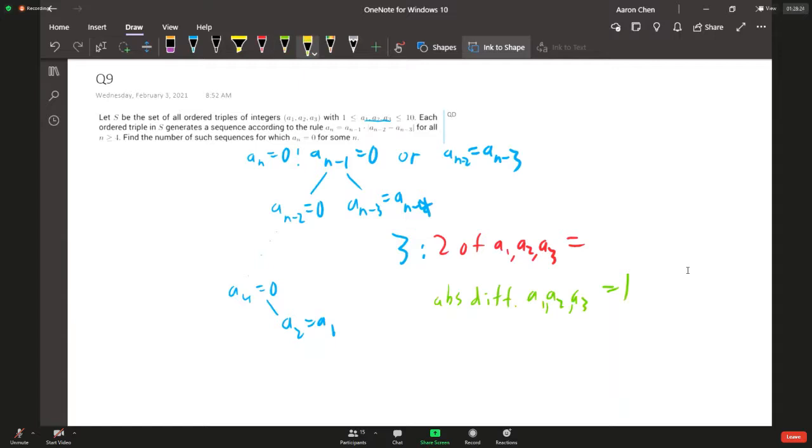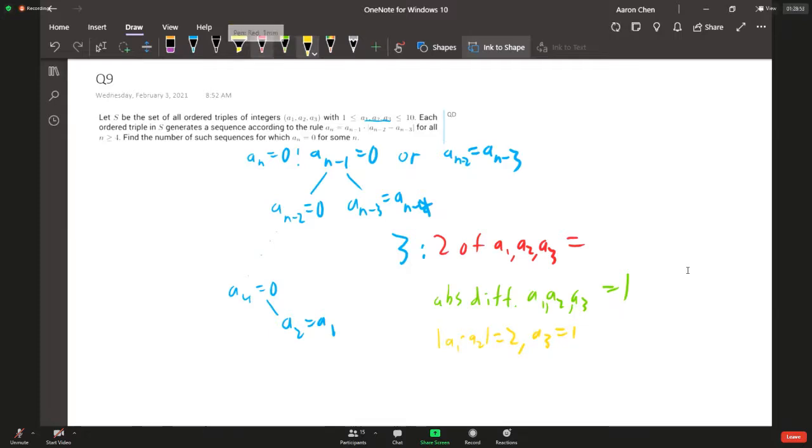And there's a final case, and in this case, it eventually generates a pair of A's with difference 1. And the only way this happens is when the absolute difference of A1 and A2 is equal to 2 and A3 is equal to 1. And so those are the three cases.